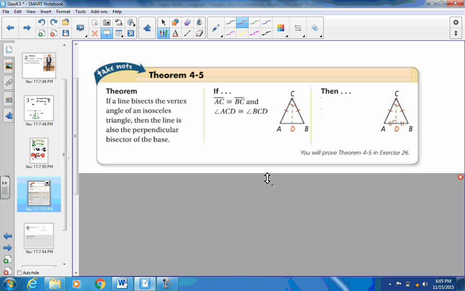So if you have an isosceles triangle, which would also include an equilateral triangle, it says if AC is congruent to BC, that means it's isosceles, and angle ACD is congruent to angle BCD, okay, so it's really isosceles, then segment AD is congruent to segment BD. So we can prove that it's a perpendicular bisector of the base.